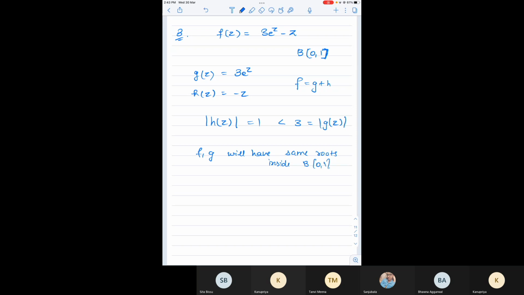So g does not have any root, therefore f will not have any root inside the ball of radius 1. Is it okay? Yes, ma'am. This will imply f does not have any root.